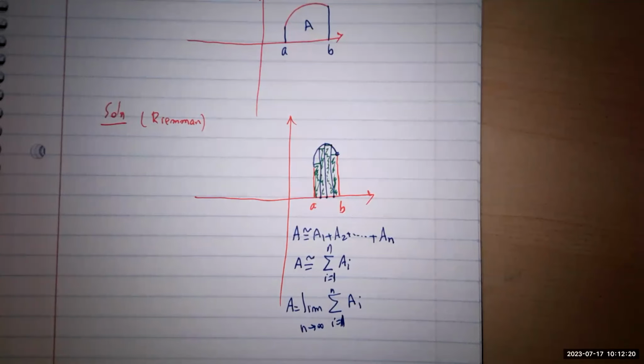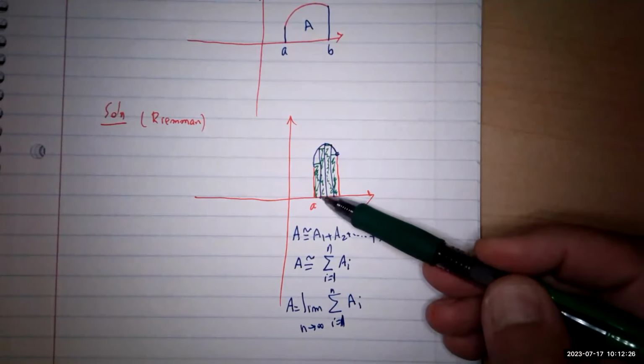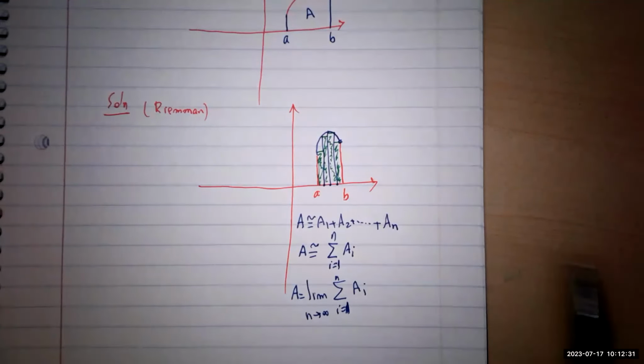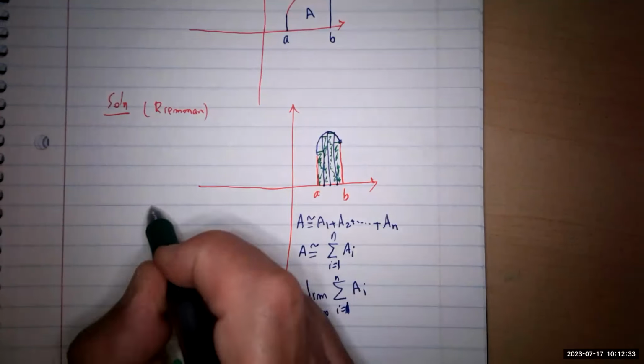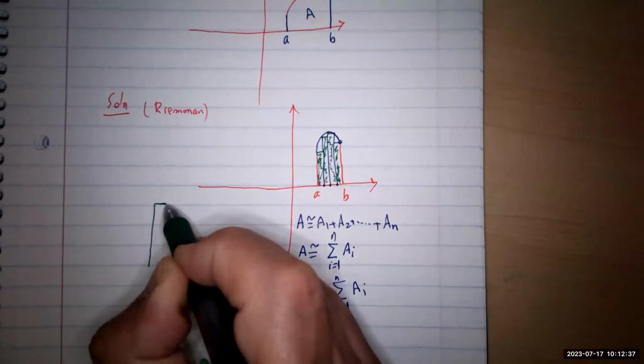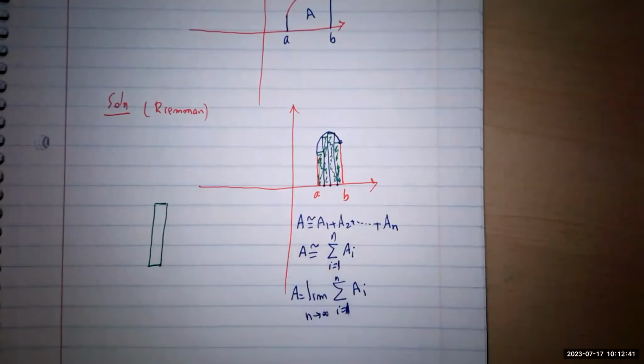So if you want to do it, you have to look at one of these rectangles, take one of them out, and define the area of the rectangle. So let's take one of them out. This is going to be the one. You know that the area of a rectangle is the product of its dimensions.